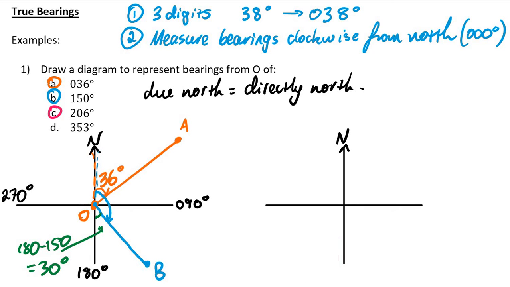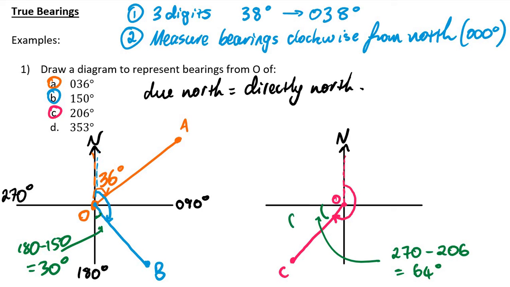So, we stand there, we face north, and we turn an angle of 206 degrees, and off we go, walking towards, say, point C. So if this angle is 206, this angle in here is 270 minus 206, which is 64 degrees. And that might be the angle that forms the triangle that you want to work with.